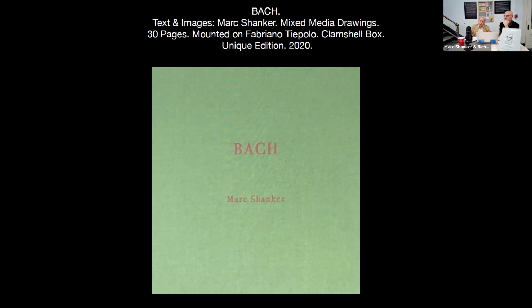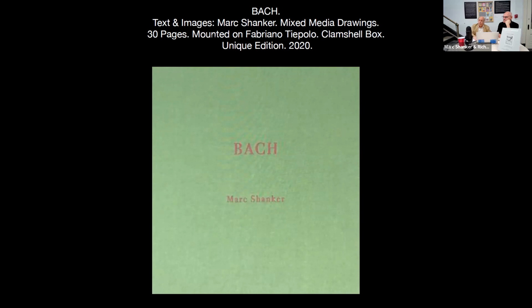I also did a book called Bach. Johann Sebastian is one of the few composers that I can actually paint with. I'm not sure why, but I find his music stimulating while I paint. It doesn't distract me.